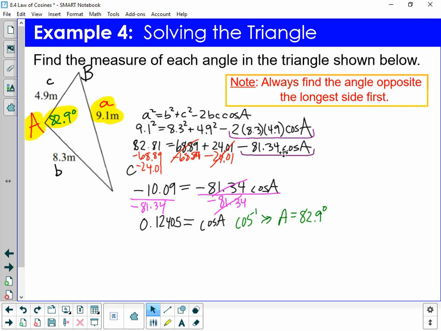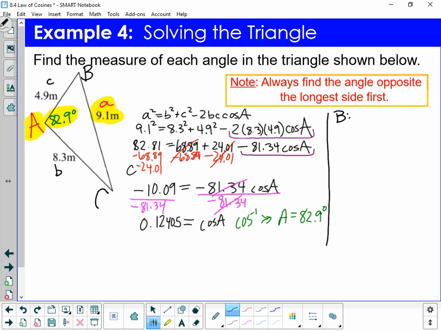Okay. So now I'm going to use the law of sines to find angle B. That's the one up at the top. I'm going to use sine B over B equals, I know the A's, so sine A over A. So it'll be sine of B over 8.3 equal to the sine of 82.9 over 9.1.